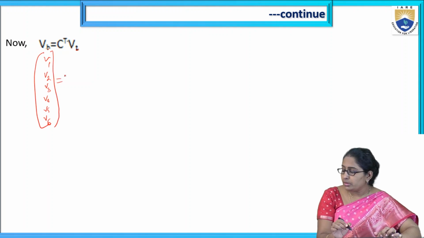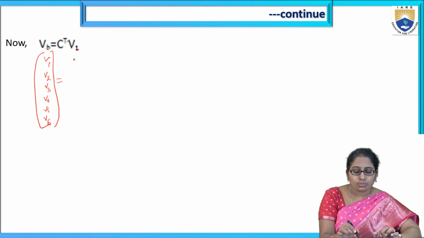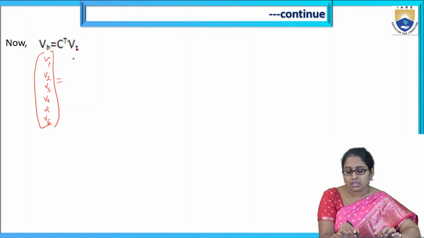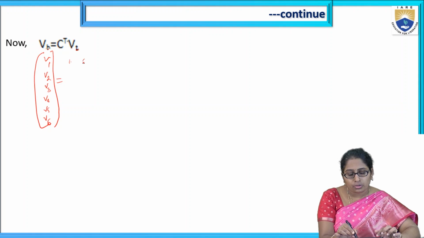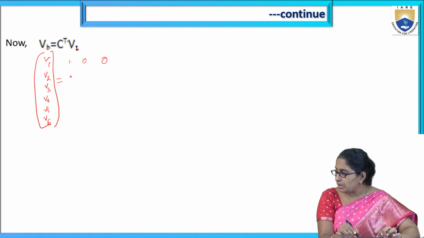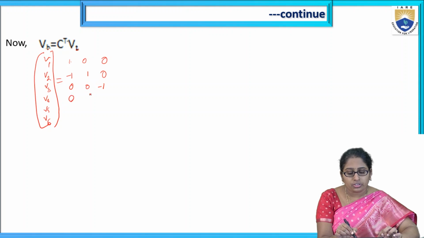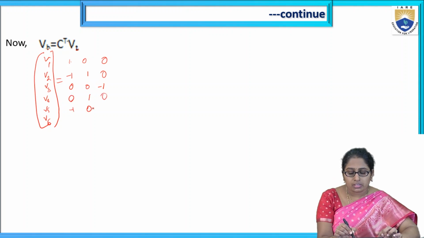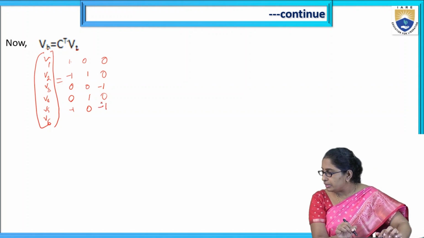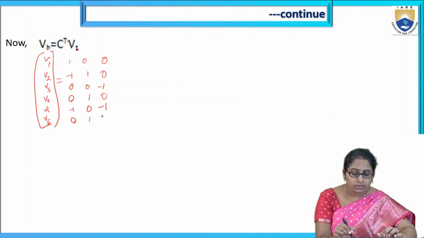Now matrix C transpose. What is the C matrix? Transpose of it: 1, 0, 0, minus 1, 1, 0, 0, 0, minus 1, and 0, 1, 0, and minus 1, 0, minus 1, and 0, 1, 1.